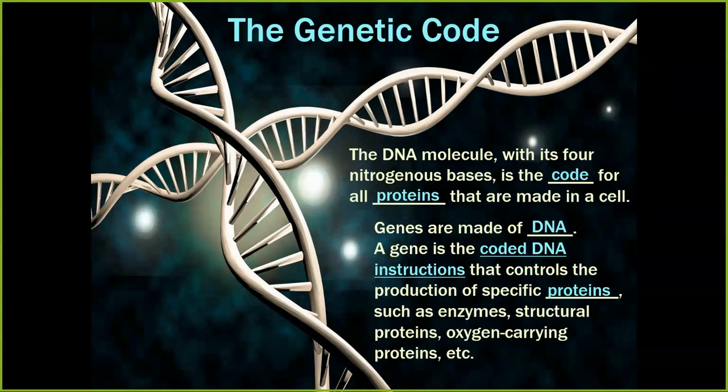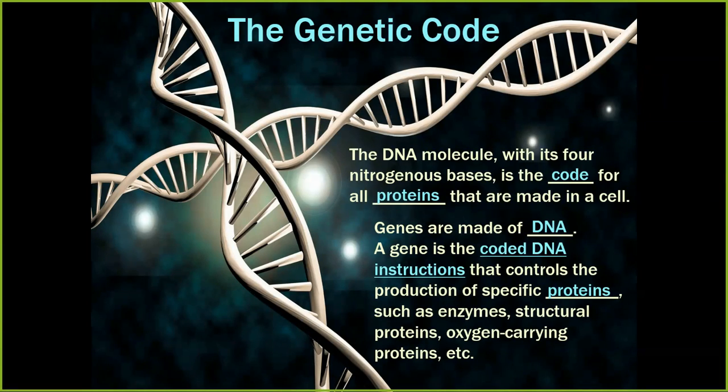So, a DNA molecule has 4 nitrogenous bases. We know this, and those code for all the proteins that are in the cell. We know that genes are made up of DNA, and that a gene is just coded DNA instructions that controls the production of specific proteins.